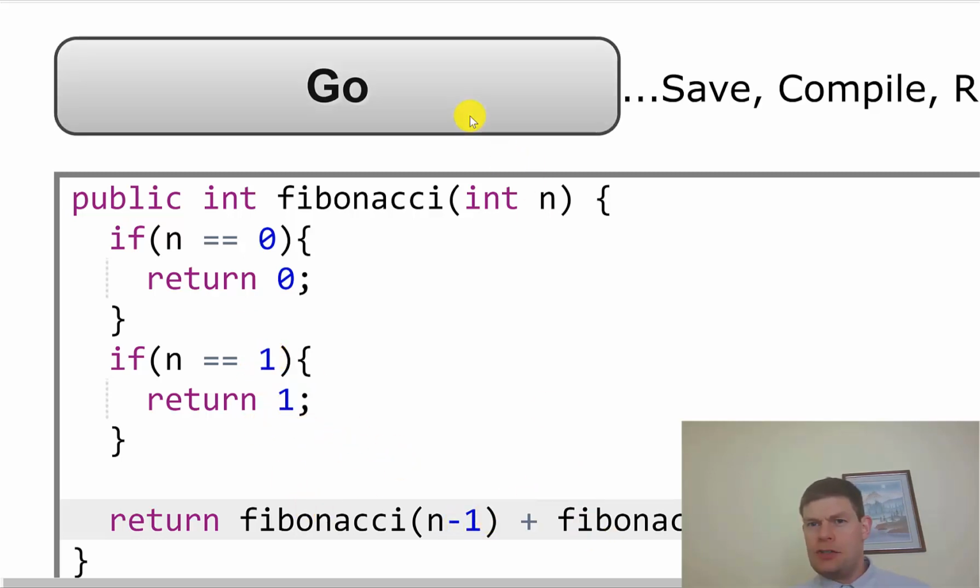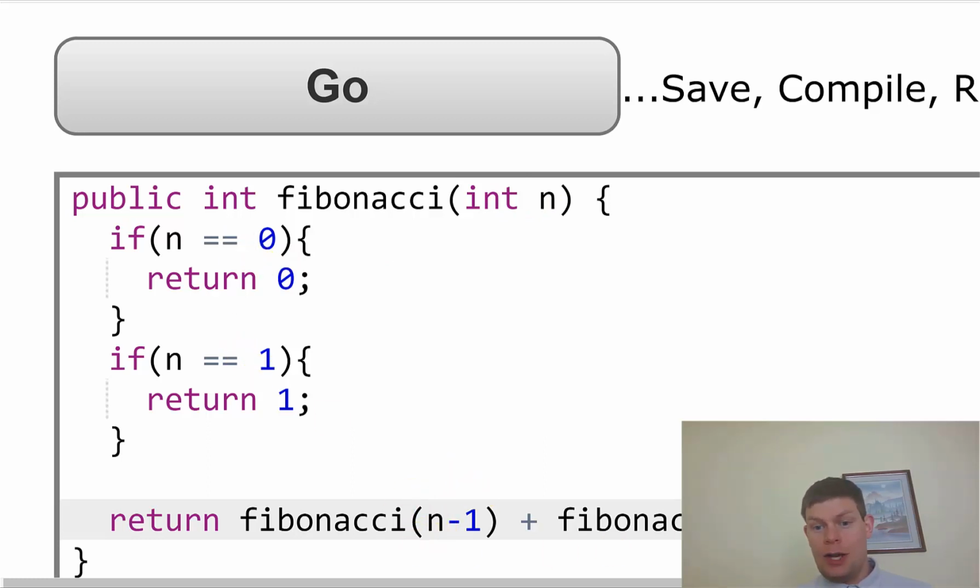Anyway, just imagine subbing in the number for the function. If you put in 5, it'd be like, okay, it's not 0, it's not 1. I'm going to call it on 4, and I'm going to call it on 3. If this was 4, it'd say, hey, it's not 0 or 1. I'm going to call it on 3, and I'm going to call it on 2. Then say it was 3. Hey, 3 is not 0, it's not 1.